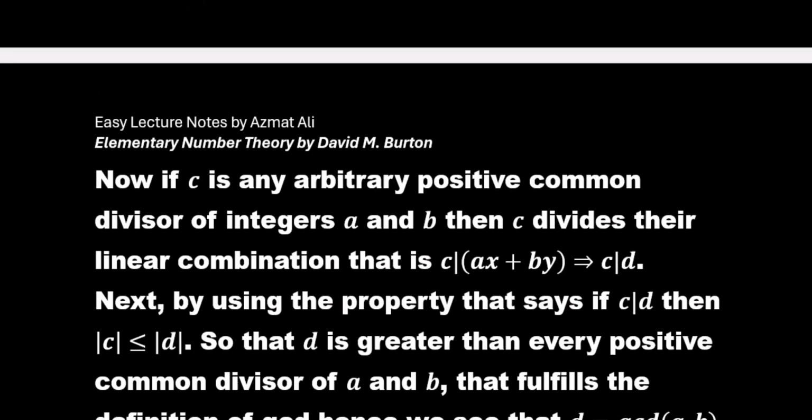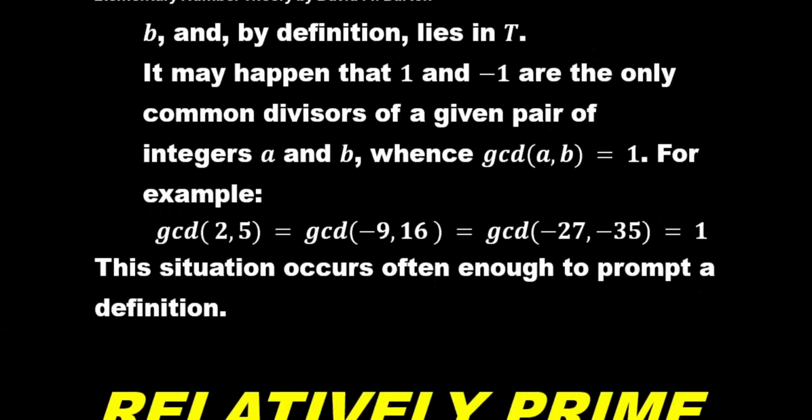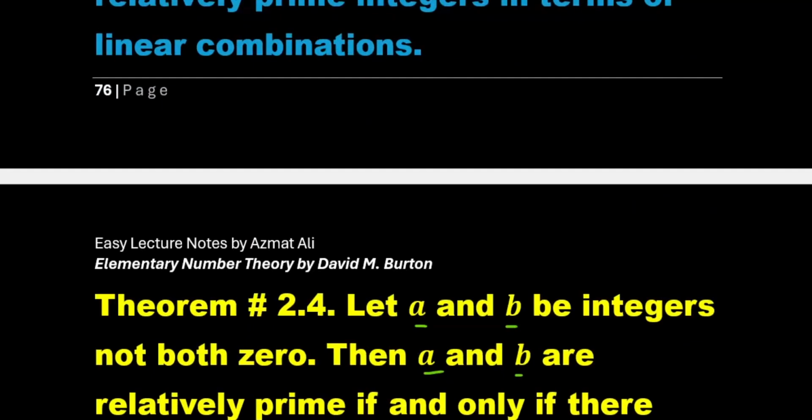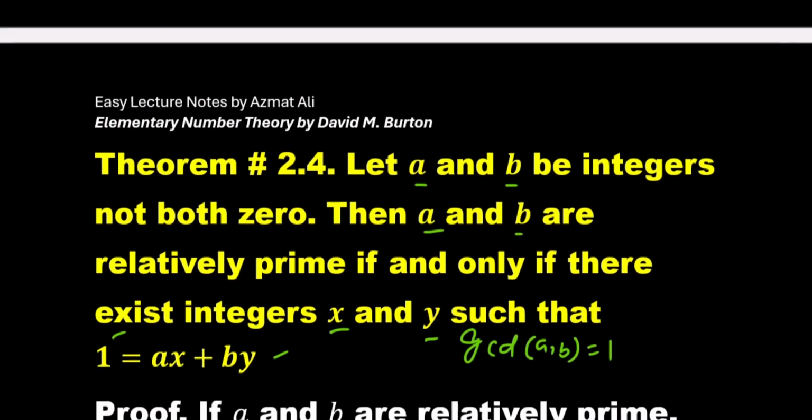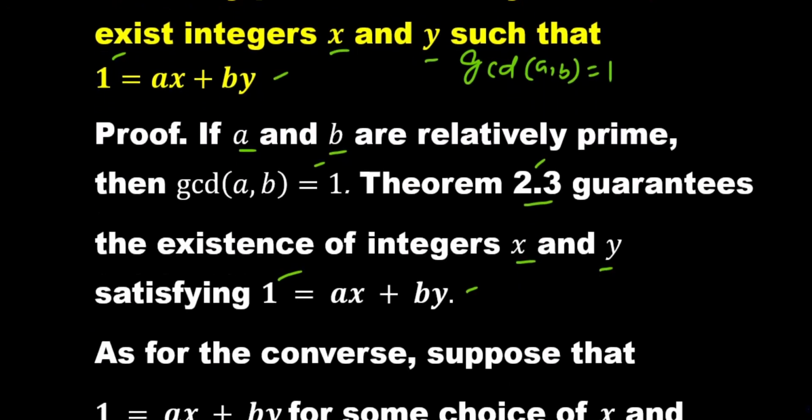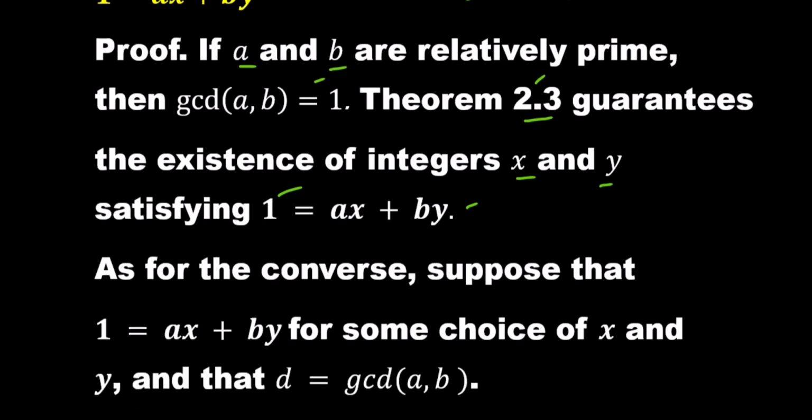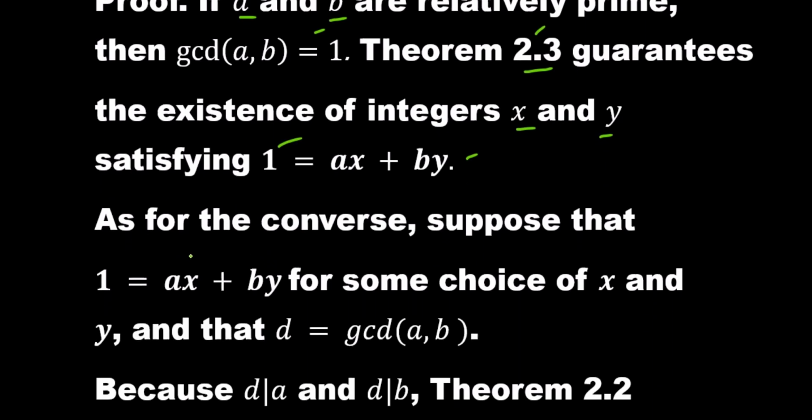So the first condition is satisfied by Theorem 2.3. Now for the converse, we suppose that 1 is equal to ax plus by. Now we show that the GCD of a and b is equal to 1.